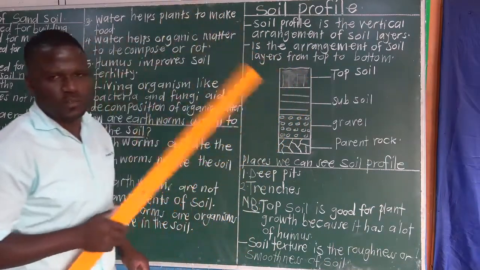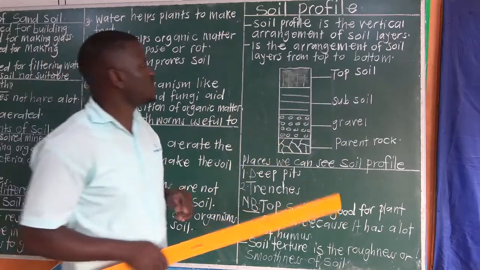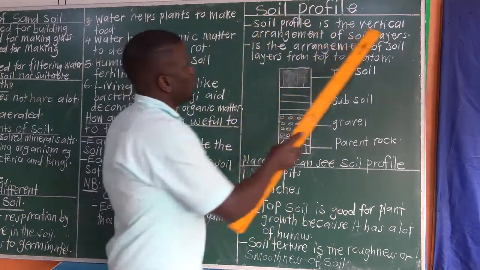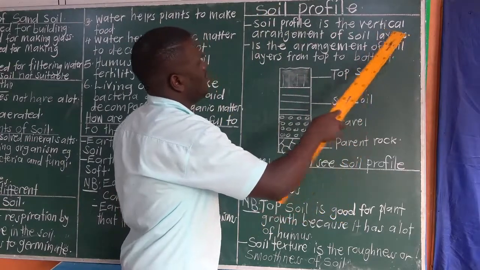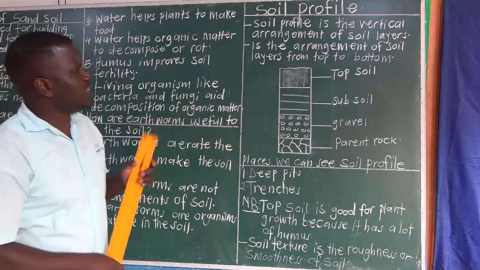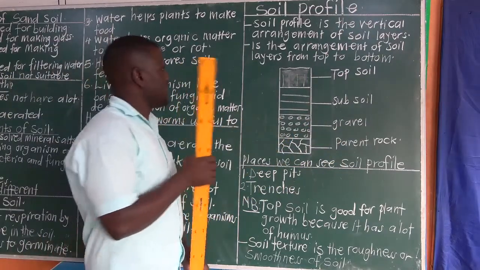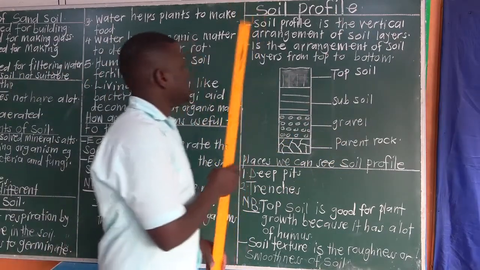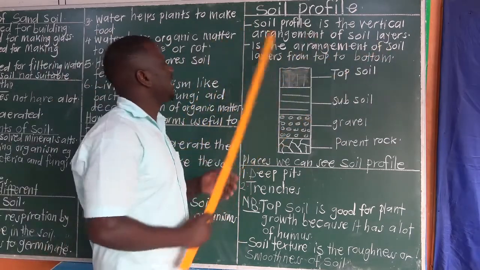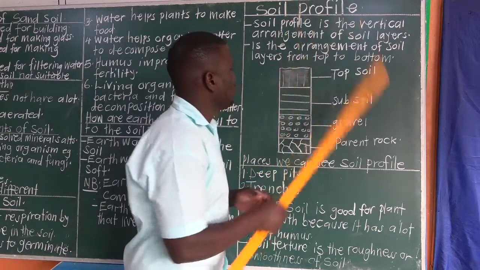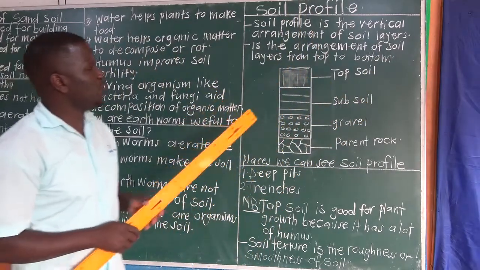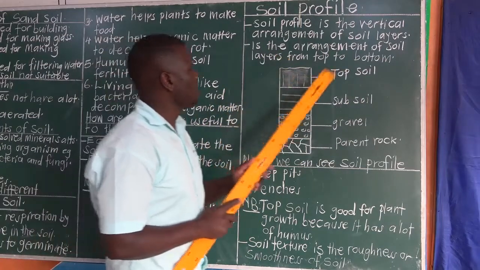Let's look at a soil profile. What is a soil profile? We have two definitions. Soil profile is the vertical arrangement of soil layers. Look at the word vertical, V-E-R-T-I-C-A-L. Then number two, soil profile is the arrangement of soil layers from top to bottom.